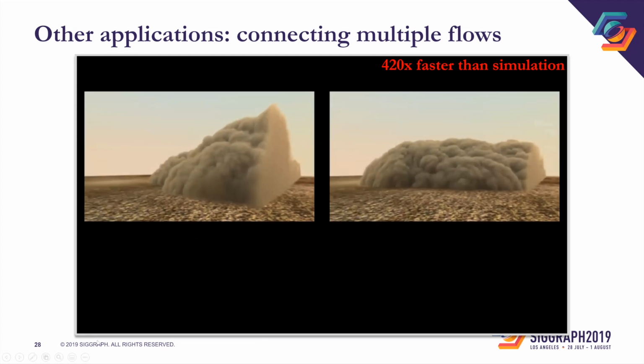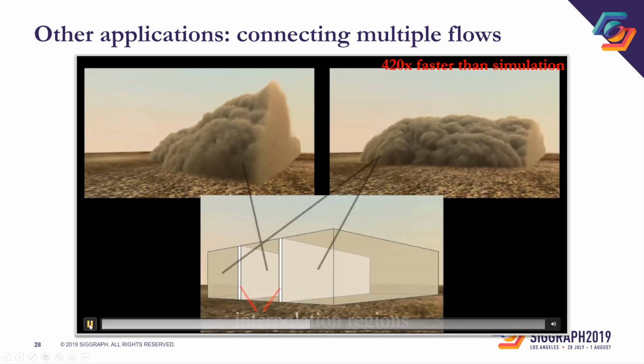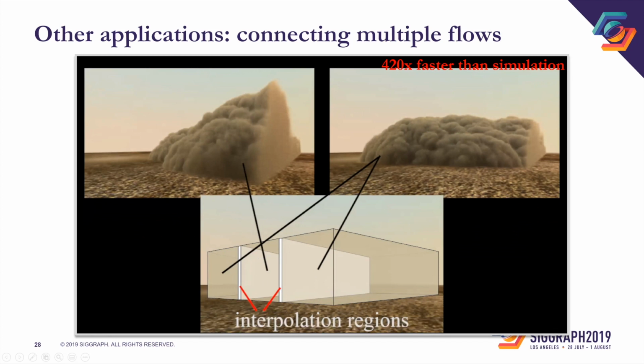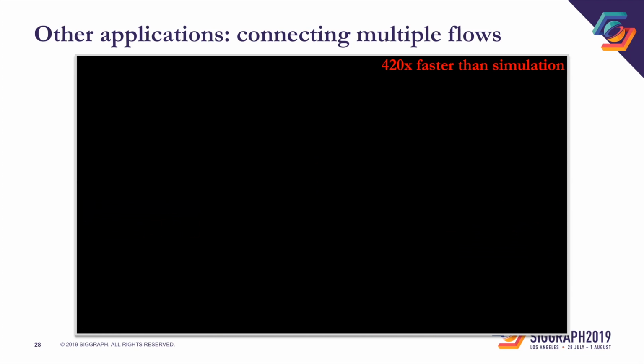And then we arrange these two simulated data sets this way. This one is placed at this place and this place, and this one is put in the center. When we interpolate the velocity field at the boundary regions, this one, to make a smooth transition, the resulting animation is like this.